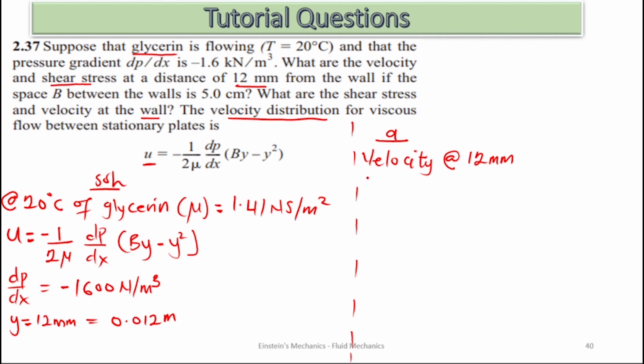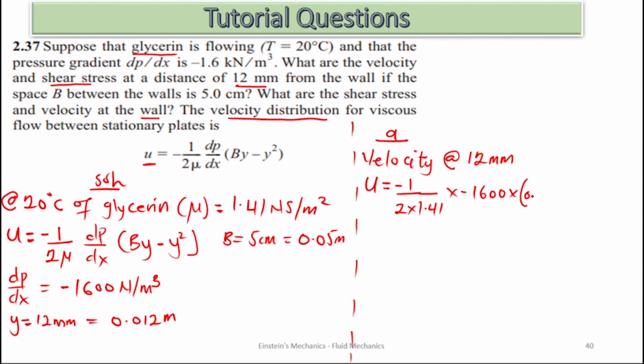Here we go. So the velocity will be my u. This is not mu, it is u, velocity. Negative 1 on 2. What is the value for the mu? It is given as 1.41, multiplying this dP on dx, which is given as negative 1,600, multiplying B. What is our B? Our B is 5 centimeters. Converting it to meters, we get 0.05 meters.